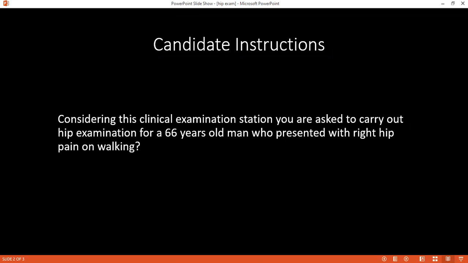During your examination, how would you rule out whether a patient has osteoarthritis or not? During the examination for osteoarthritis, crepitus is usually felt when you are doing the range of movement.